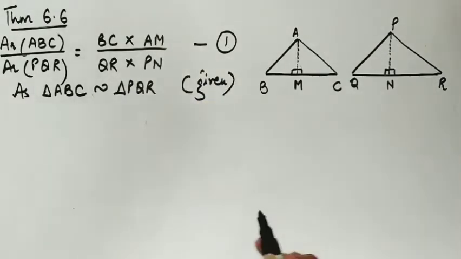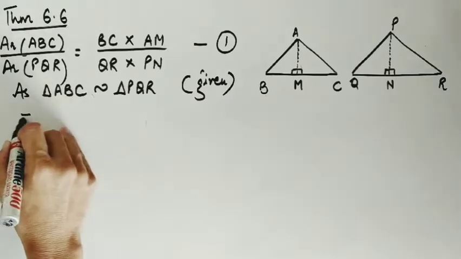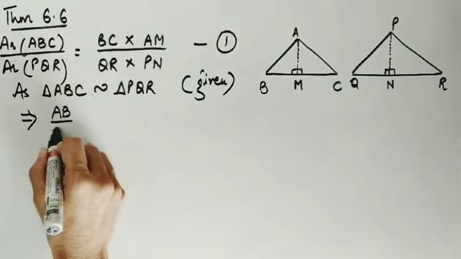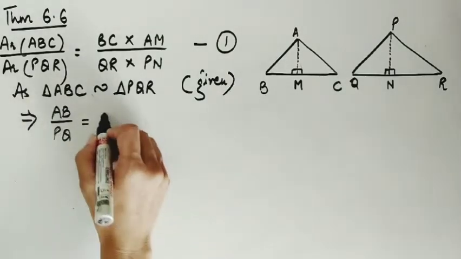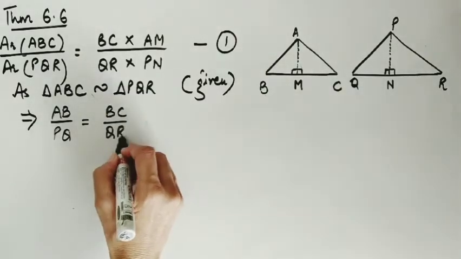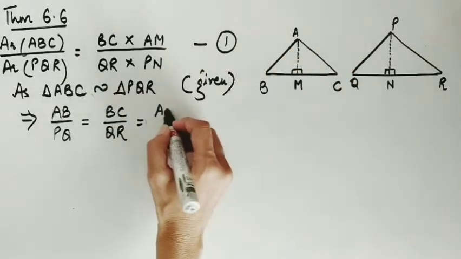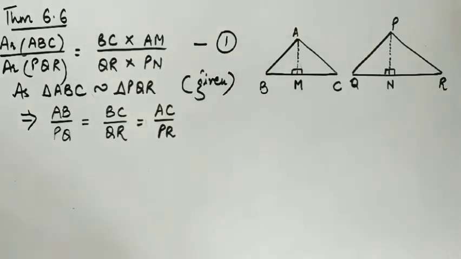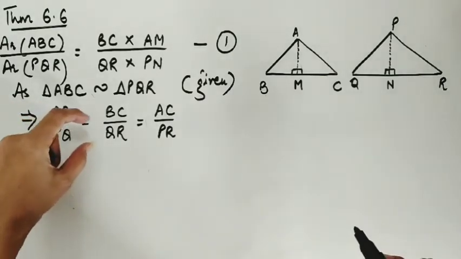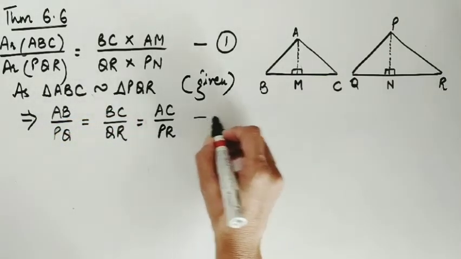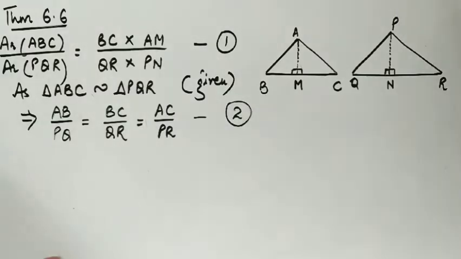And if any two triangles are similar, this means the ratio of their corresponding sides AB by PQ must be equal to BC by QR, and that's equal to the ratio of the third side. So AB by PQ equals BC by QR, and it is equal to AC by PR. Mark it as equation number 2.